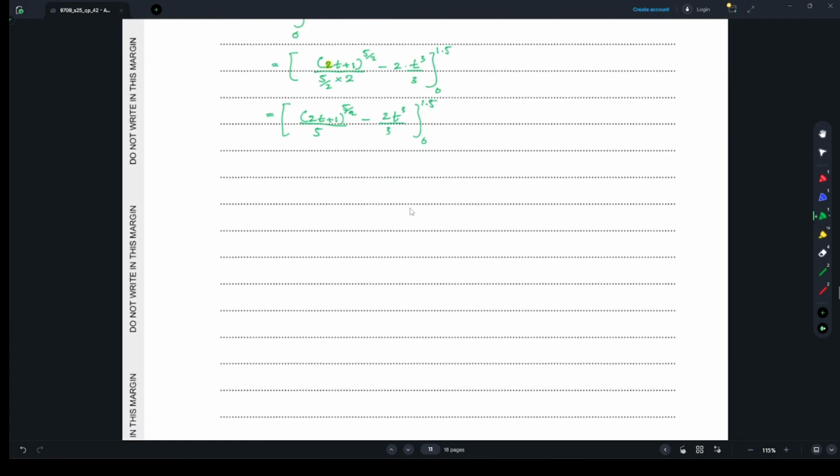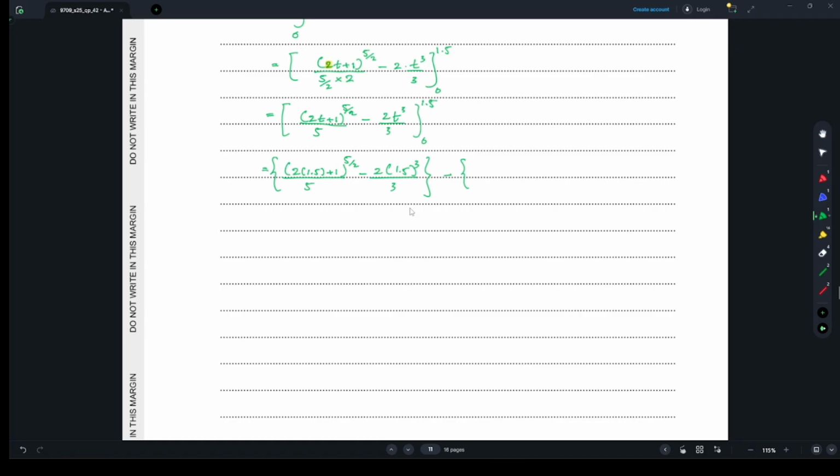So now we substitute the upper limit first, which is (2 times 1.5 plus 1) to the power 5 over 2 divided by 5, minus 2 times 1.5 to the power 3 divided by 3, then minus the lower limit, which is 0.